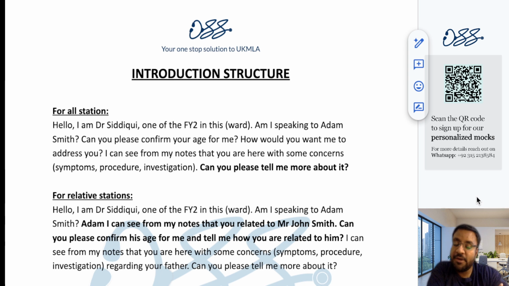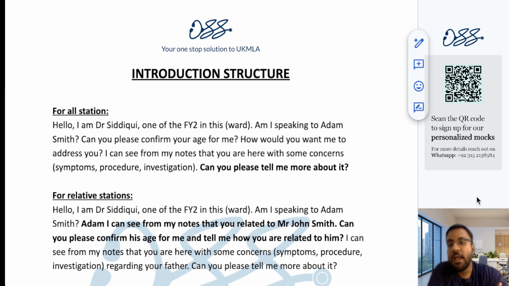If your introduction is correct, if it is done in the right tone, and if it is up to the mark, it will really set a good tone for your consultation. It is also very important for the rapport building, and as I discussed in the previous lectures, rapport building does carry a significant mark when it comes to your IPS scoring. So it's very important that your introduction is 100% correct, done in the right way, and in the right tone.